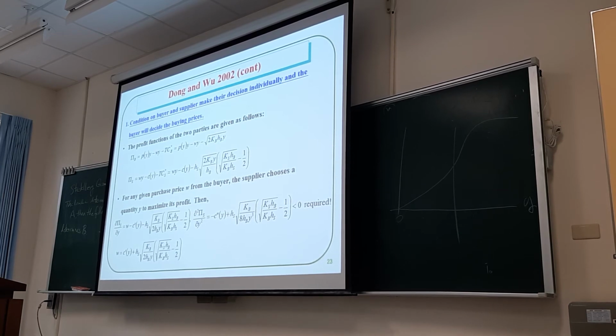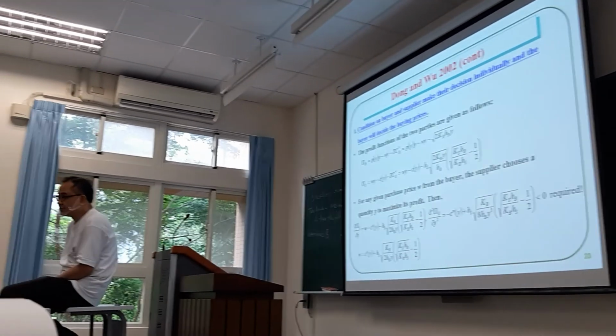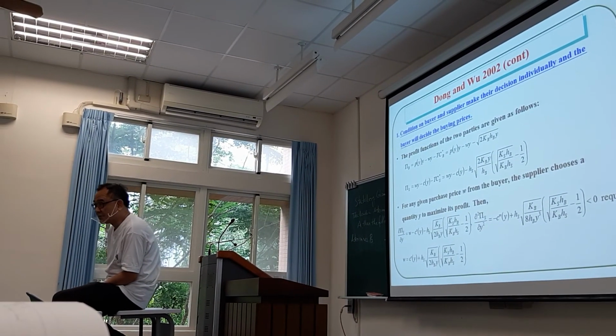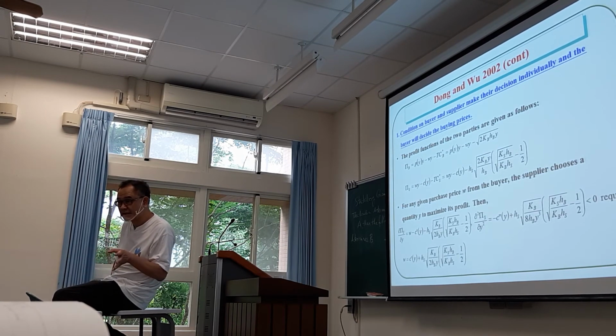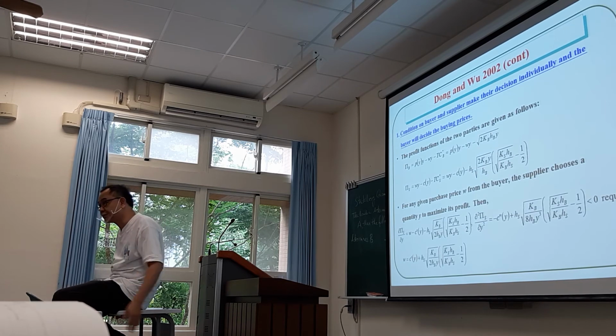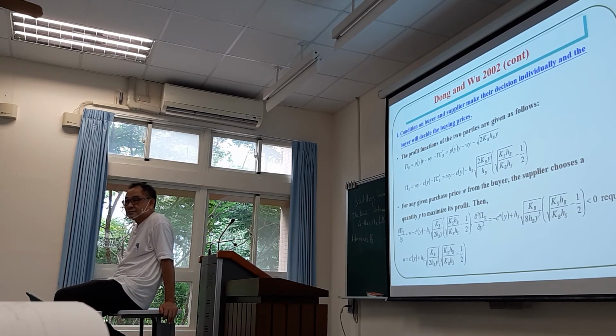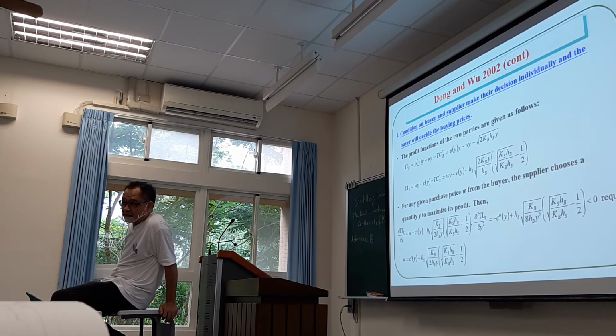Okay. For example, the university determines the tuition based on the credit hours we are going to register. Okay, then the students are the followers, right? You will determine how many credits you are going to take to finish your program. Most likely nobody is going to pay more.